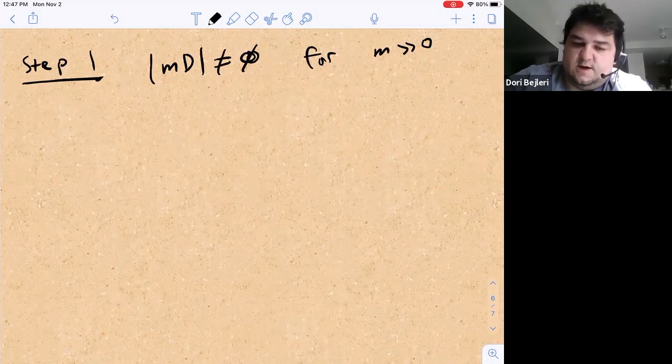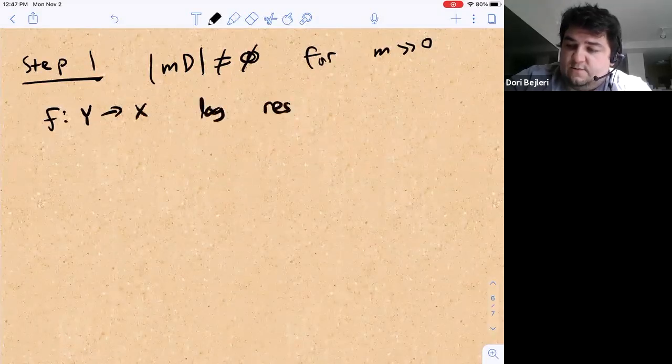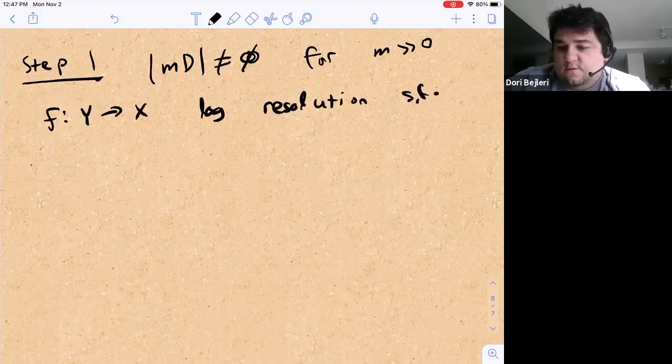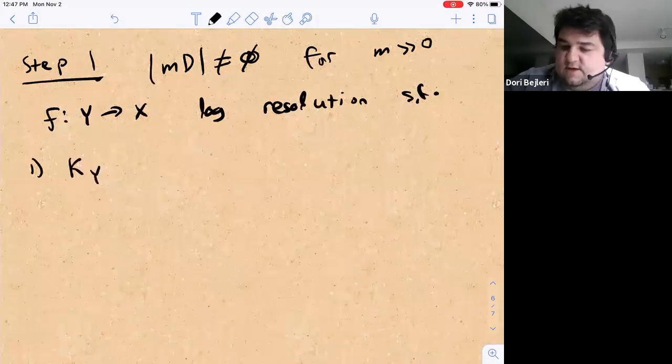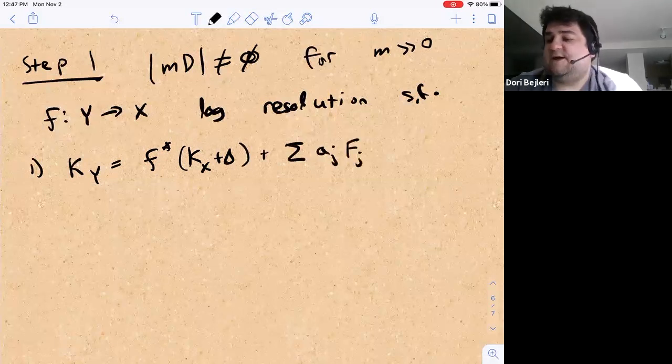So just like before, we're going to take some f from Y to X, a log resolution, such that, and this is basically the definition of KLT, we write f*(K_X + Δ) plus the sum of a_j F_j.